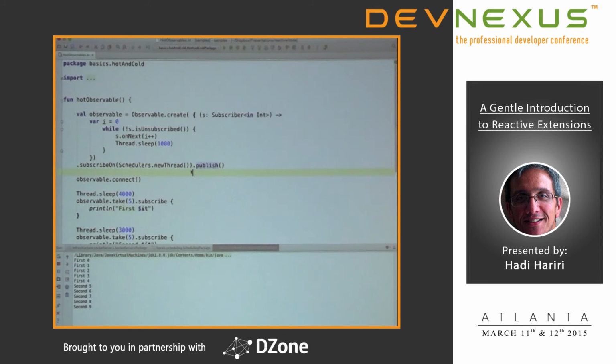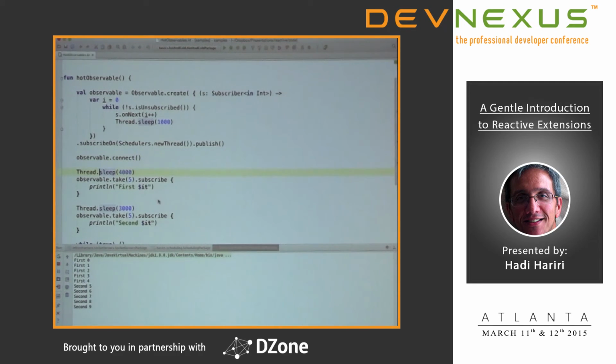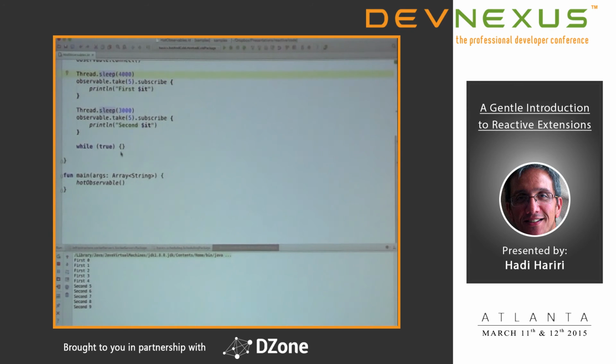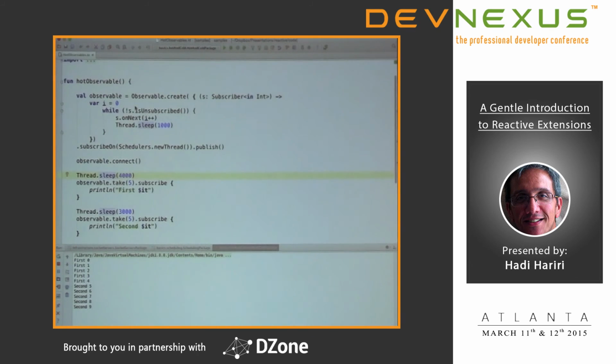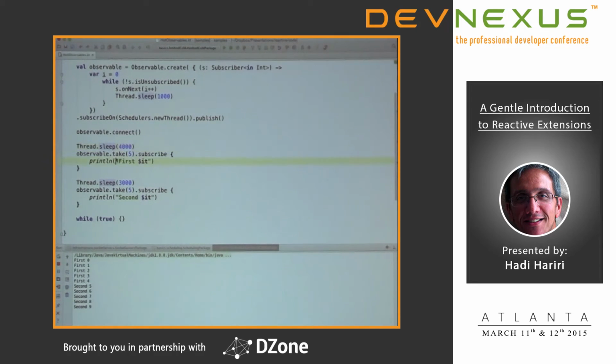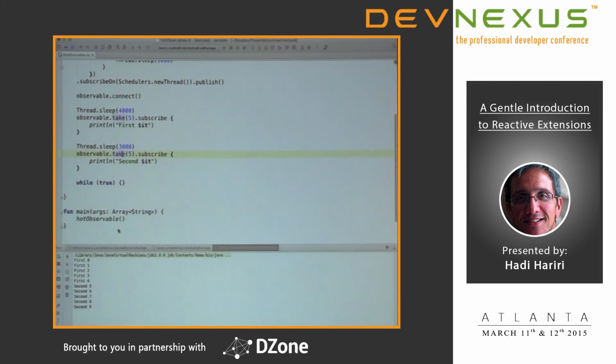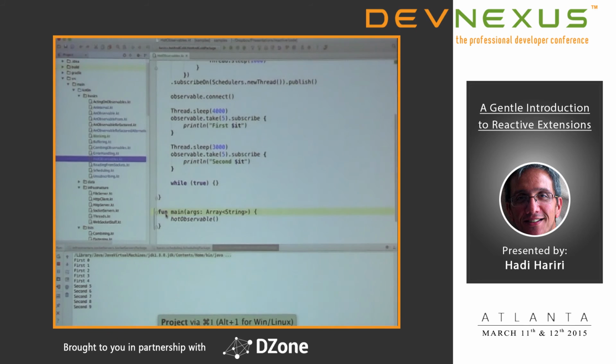So it returns a connectable observable, and as soon as you call connect, that's when it starts to kick that off. I do a thread sleep, I take 5 first, and it will kick it off on the first connection. I do a take 5, and then I do another take 5 here. So you see that there's a gap, and then it just starts to take that. And actually, that example isn't too good, so ignore that.